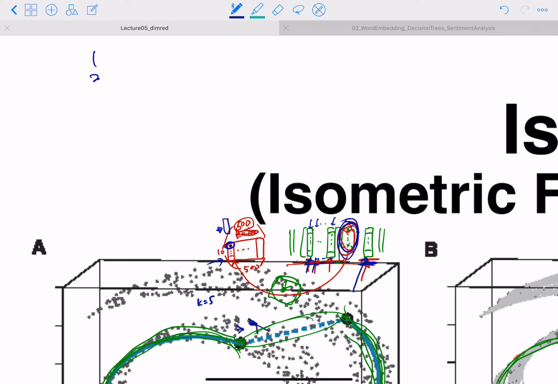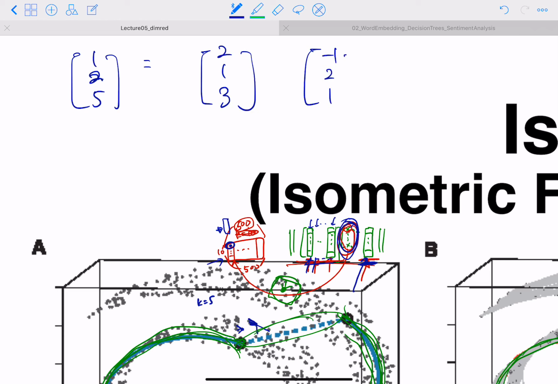Say the high dimension space vector is 1, 5, the center point, and let's assume 2 nearest neighbors, maybe 2, 1, 3, and maybe negative 1, 2, 1, and their optimal coefficients are maybe 4, 5. This is completely hypothetical. This doesn't make sense at all. I just gave random numbers.